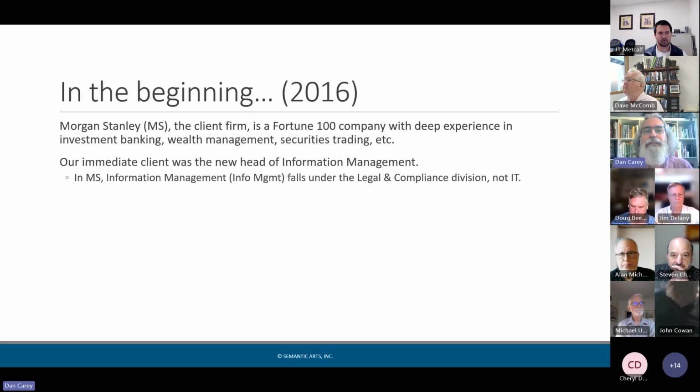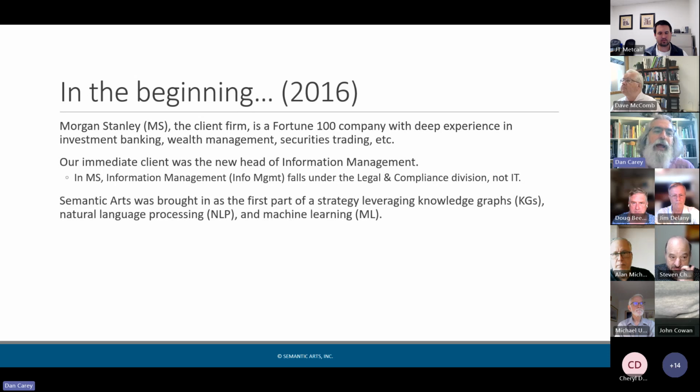The important thing to note is that within Morgan Stanley, information management falls under the legal and compliance division. It's not an IT function at all. It has to do with the idea of records retention. How long are you supposed to keep things, and that sort of stuff.